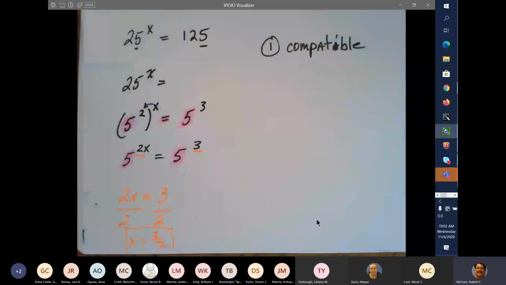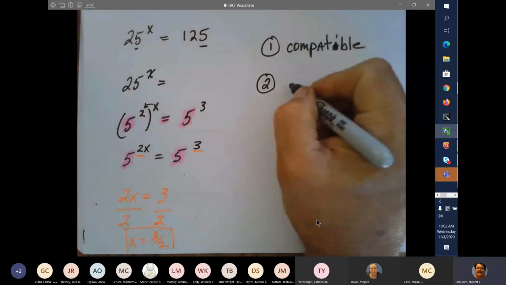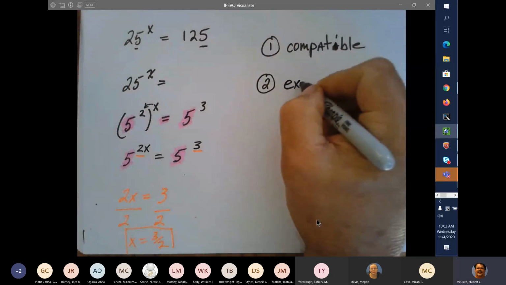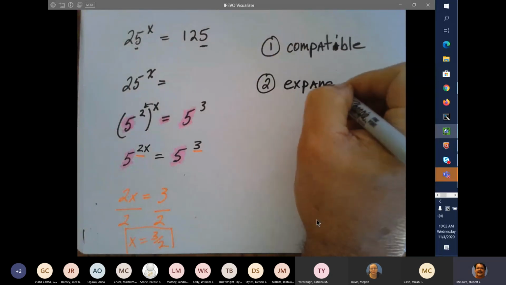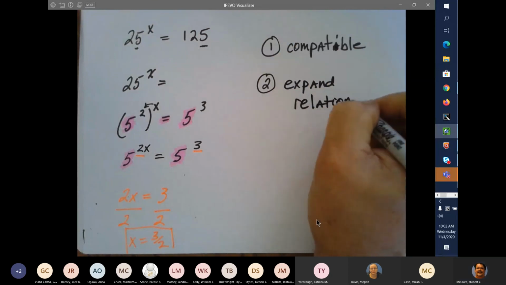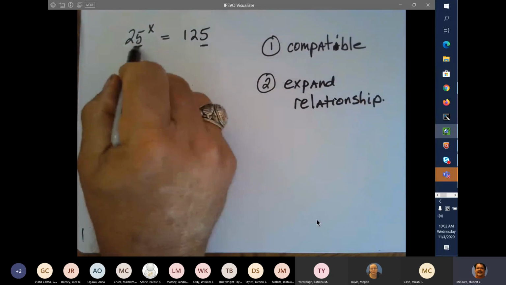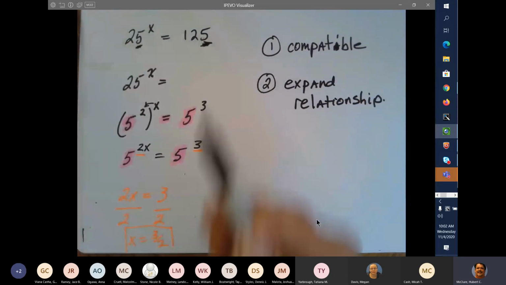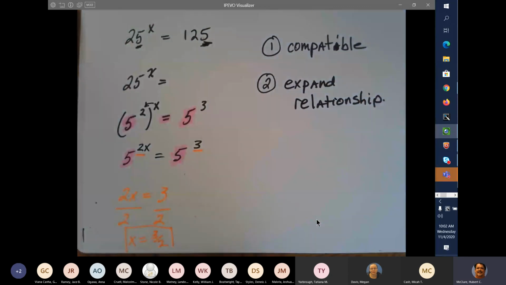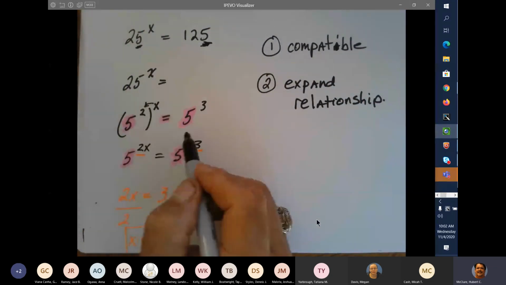So what do you do? You look for compatibility. Then you expand the relationship. What does that mean? Well, once you find the compatibility between the two numbers, and we found out it was 5, then you expand that relationship. 5 to the what is equal to 5 to the what?